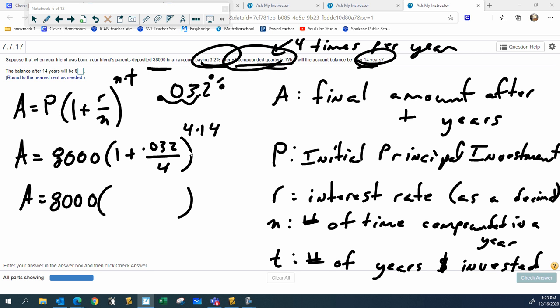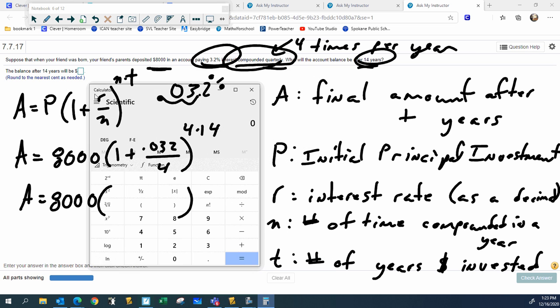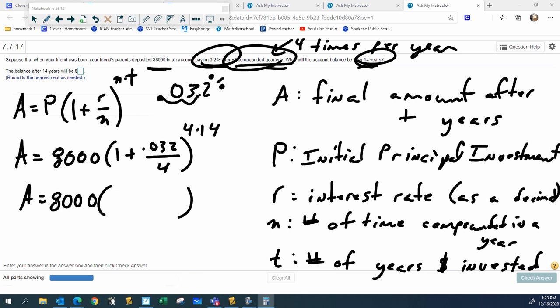So 0.032 divided by 4 is, let me use my calculator on my computer, if I can get it to pull up here. So I'm typing 0.032 divided by 4. We get 0.008.